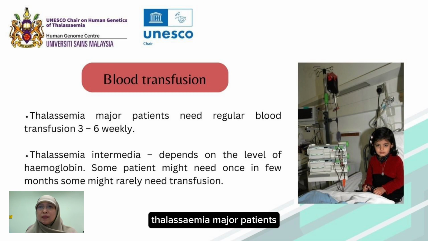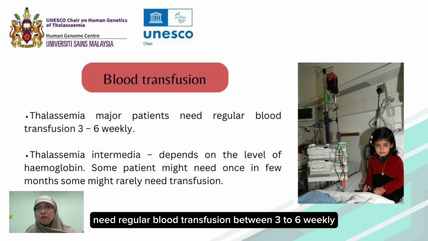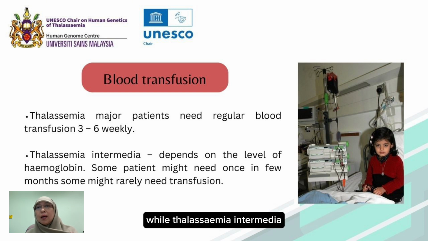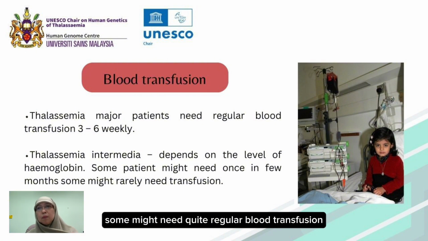Thalassemia major patients need regular blood transfusion between 3 to 6 weekly, while thalassemia intermediate depends on their hemoglobin level. Some might need quite regular blood transfusion, some might not need any blood transfusion.